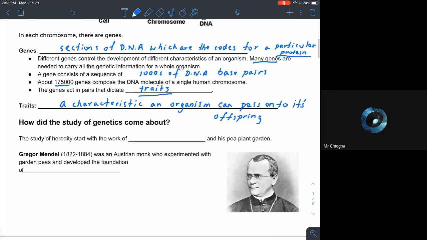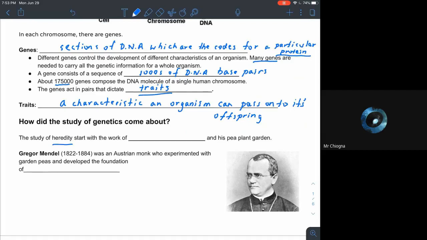So, the study of heredity started with the work of Gregor Mendel. And yes, he was a monk. So this is another example of a religious who was involved.